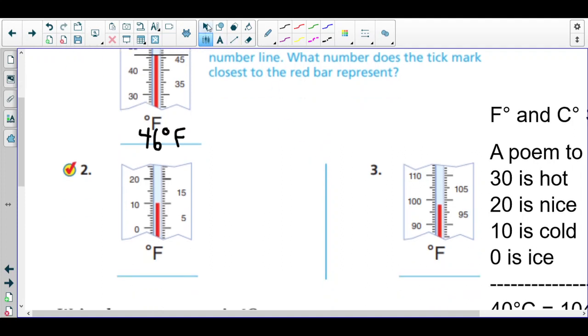Looking down here, let's bring our little marker down here with us. Right there. Just maybe a tick up. I think that would be safe to say right there at 10 degrees Fahrenheit.